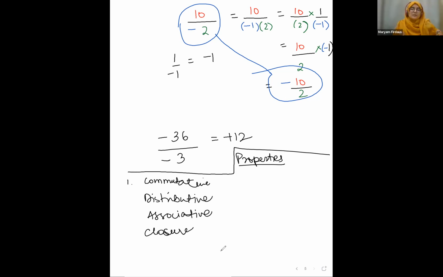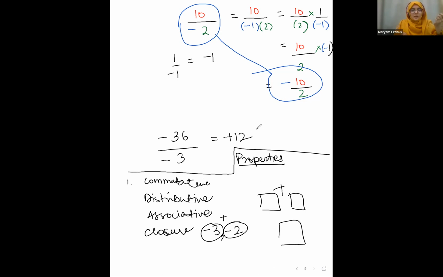Closure basically means that if you have any two integers and you add them, this is called closure under addition. If you add them, you will get an integer only. You have two integers, you are subtracting them, you will get an integer only.